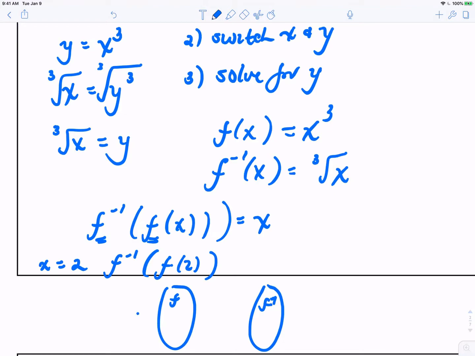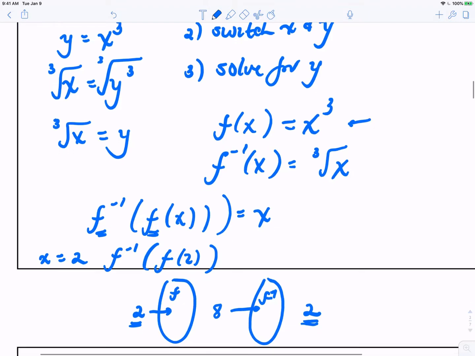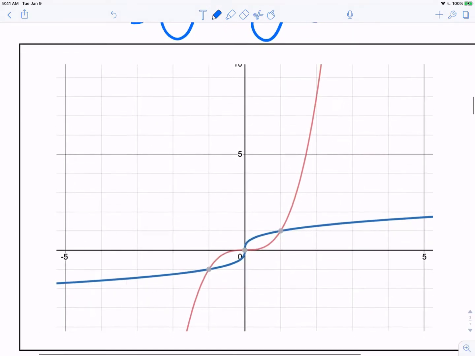We put the number 2 into function f, which means we cube it, and we get 8. And if we put 8 into the cube root function, the cube root of 8 is 2. So we put in a 2 to the function and its inverse, and it leaves the value unchanged. So that's a quick recap of inverses.